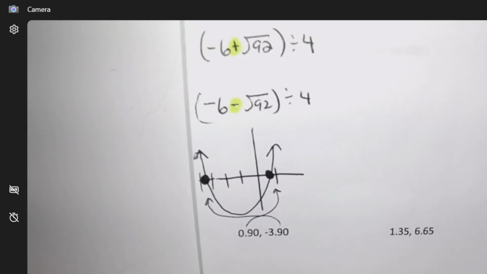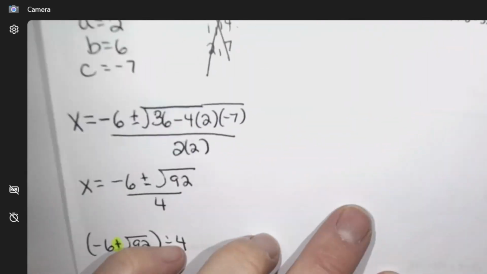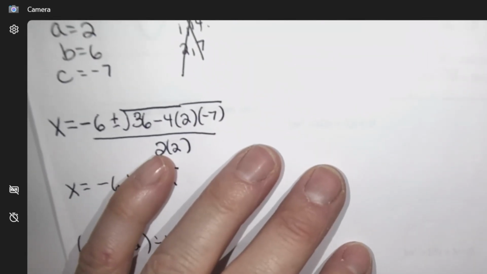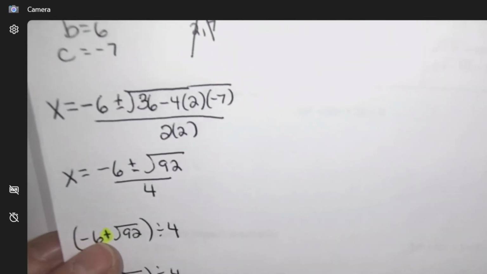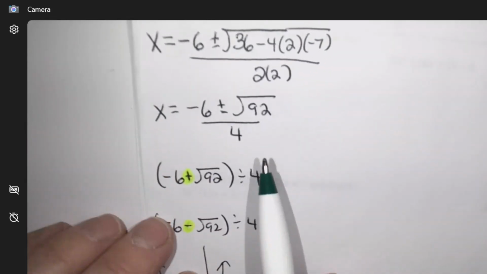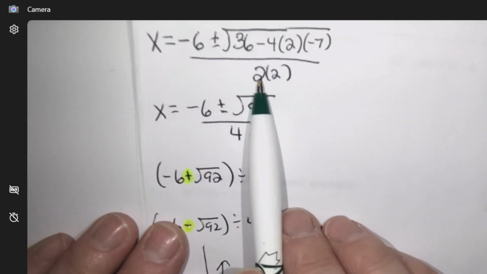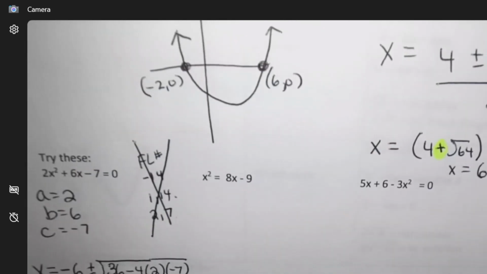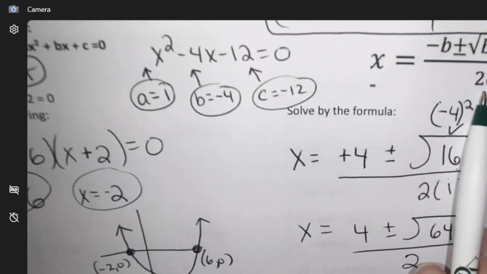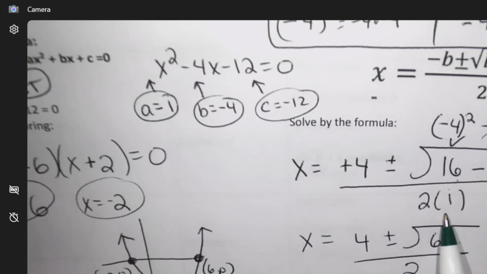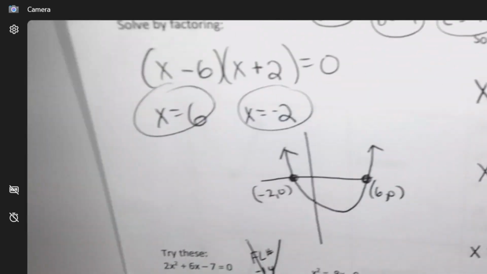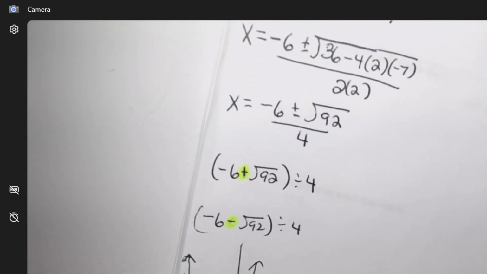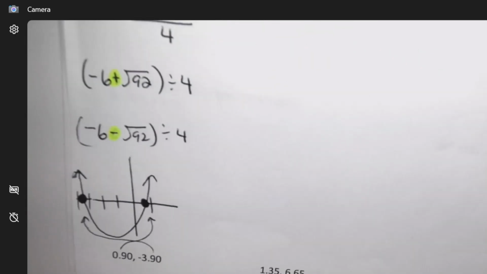Okay, did you get 0.9 and -3.9? Because on the bottom, it says 2 times 2. That's why. The last time it was just by 2 because that a value was just a 1 last time. Yeah, it's not always a 2. It'll change whatever your value is there.